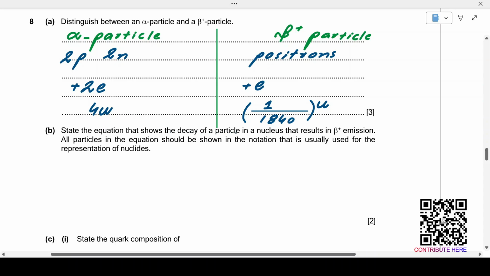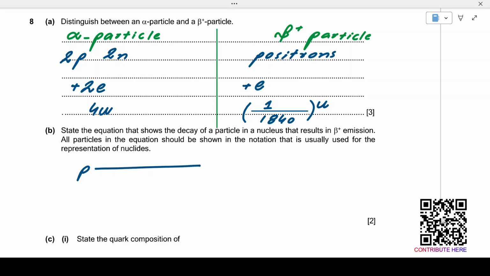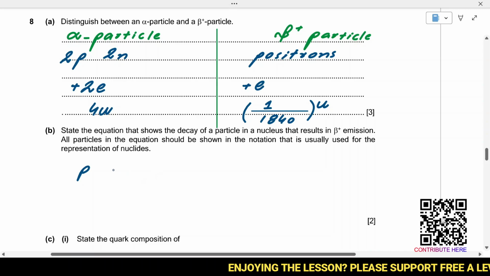State the equation that shows the decay of the particle of a nucleus that results in beta positive emission. It means proton into neutron. For beta positive emission, it is proton into neutron.